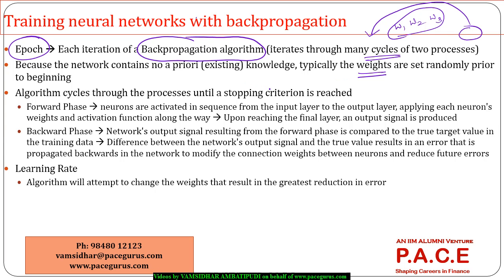And there is a stopping criteria, right? The algorithm is cycling through the process. So this is where we talk about different kinds of algorithms. In R, we will be seeing, when we are applying neural networks, we talk about prop plus, we talk about prop minus, we talk about SLR.